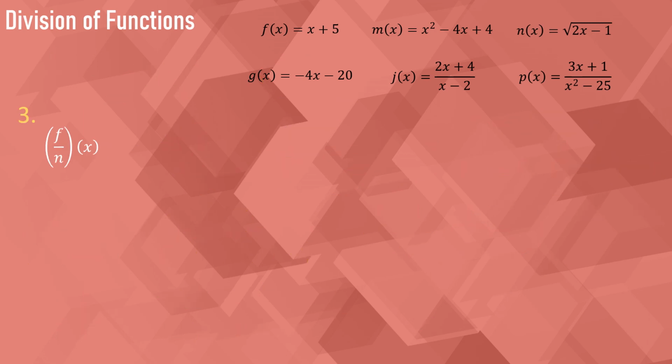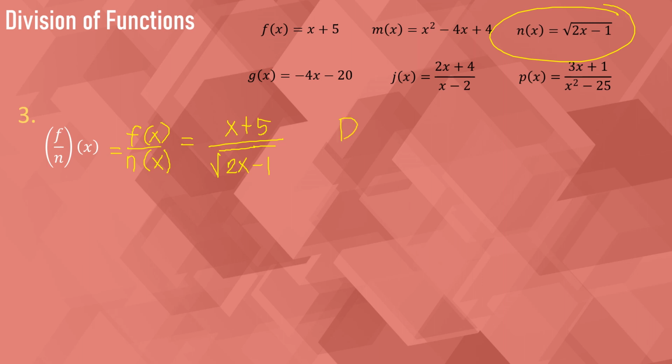On this next example, f over n of x is equal to f of x over n of x. Now substitute. f of x is equal to x plus 5, and n of x is a square root function, the square root of 2x minus 1. Now, we are interested to get the domain.